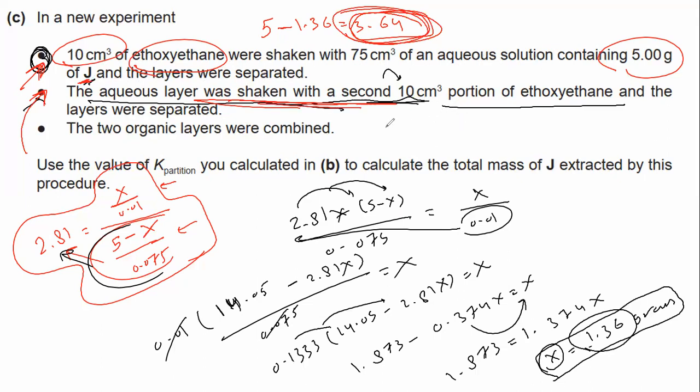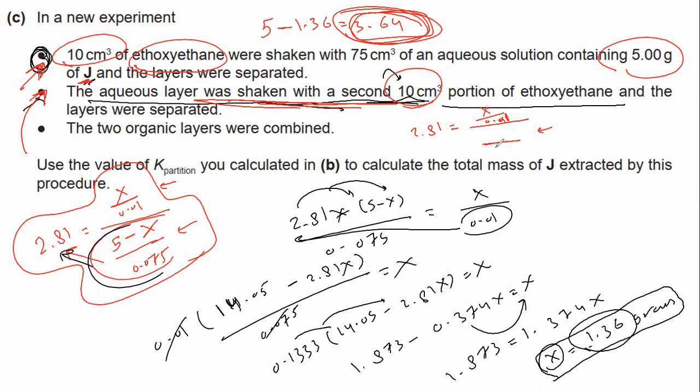So look, KPC, which is 2.81 equal to the amount of G in ethoxyethane, the volume of ethoxyethane once more 0.01, over the concentration of G in water. Guys, the concentration of G in water is what? Who can tell? Think about it.